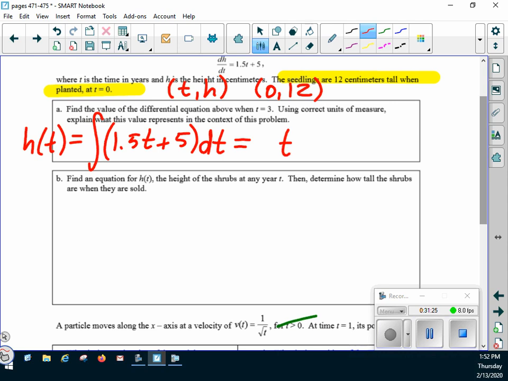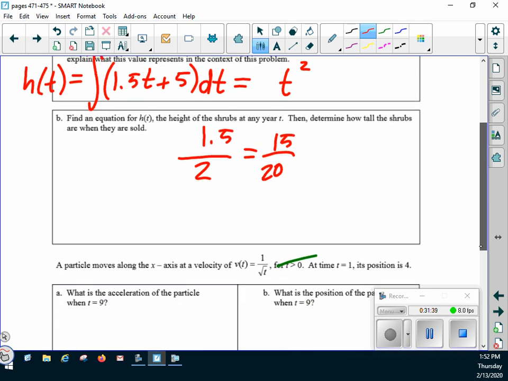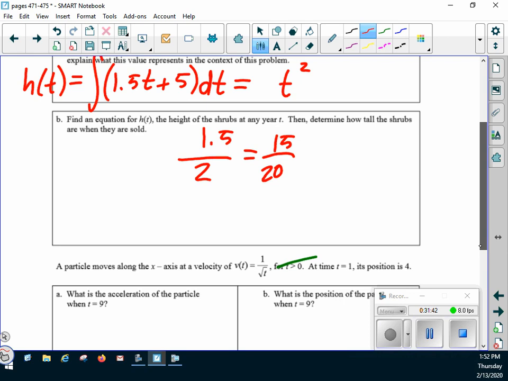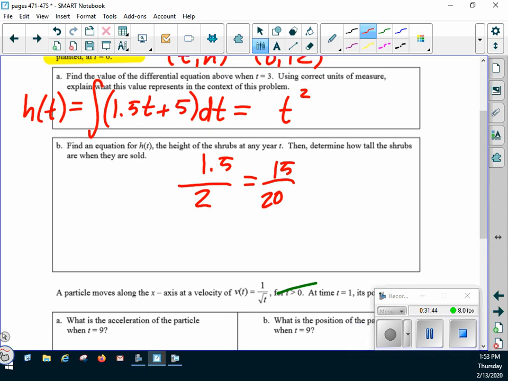That'll be t squared, 3/4. 1.5 divided by 2, yeah, 3/2 divided by 2, that's 3/4. Plus 5t plus c.